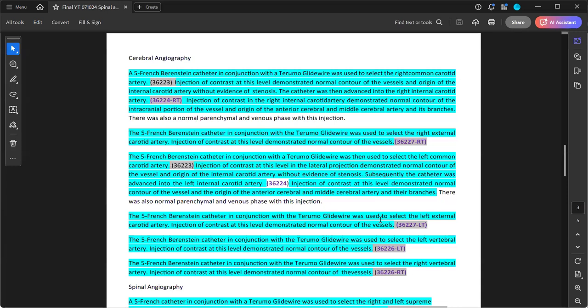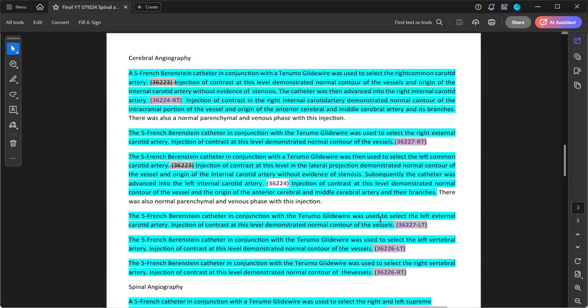So notice with that first catheter placement, we have a 36223, which gets dropped when we move along to the 36224. At that point, the reason why we had a 36223 was because the catheter was only in the right common carotid artery, and the internal carotid artery was evaluated from that contrast injection.